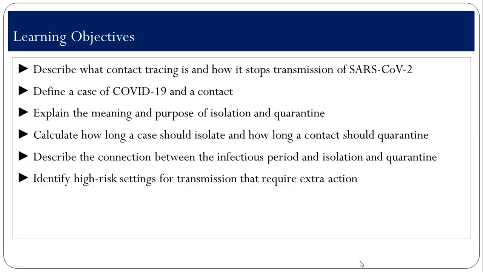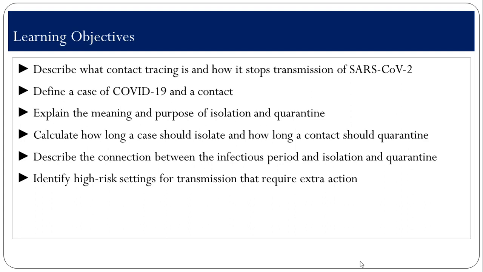Once you finish this video, you should be able to do a number of things, including describe what contact tracing is and how it can be used to stop transmission of SARS coronavirus 2. You should be able to define what we mean by a case of COVID-19 and also what a contact means.